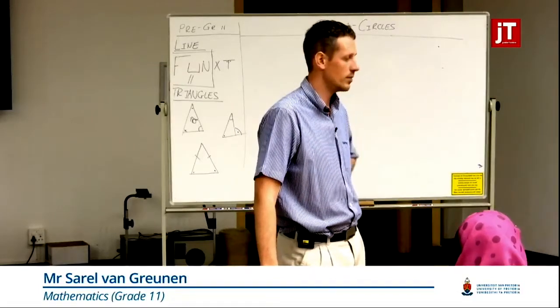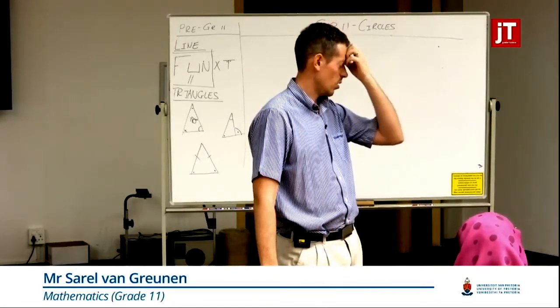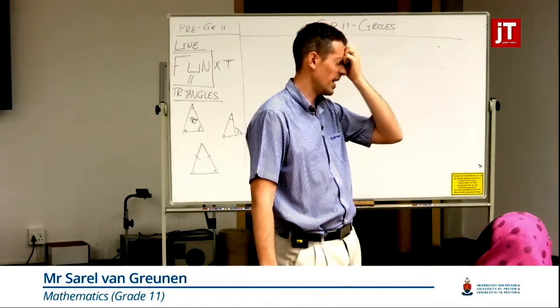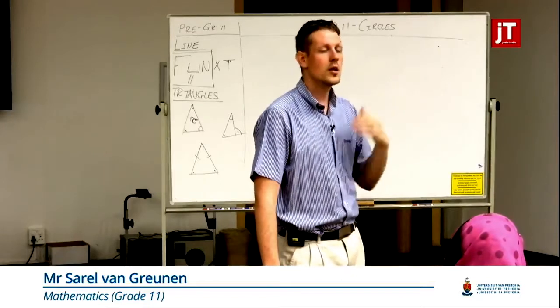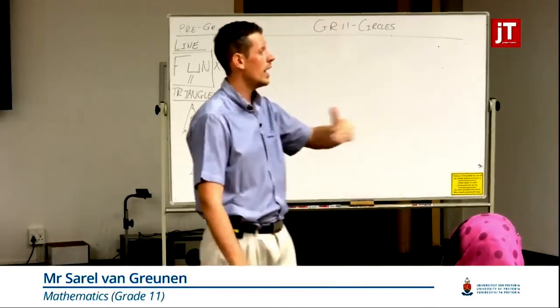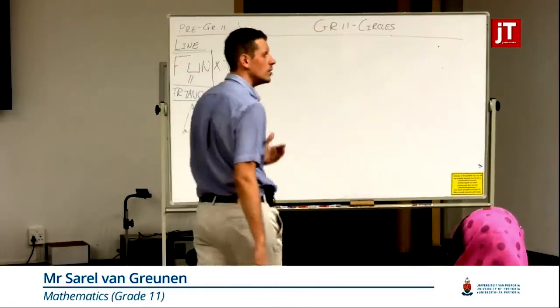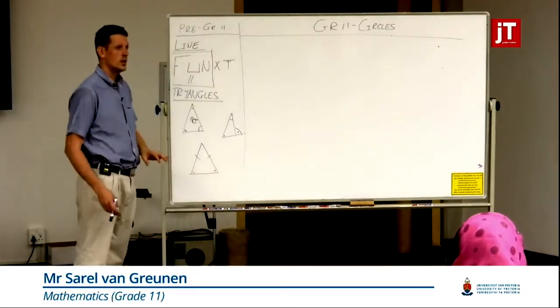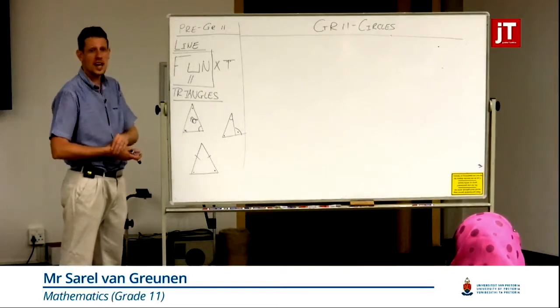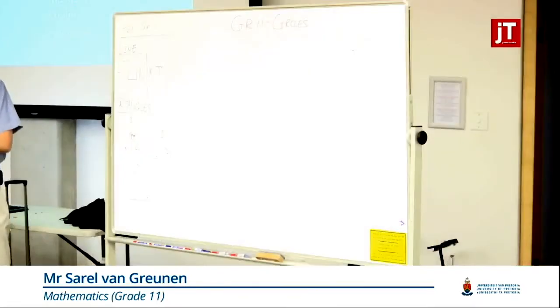And then in the exam you've got to go, oh, what do I know about a kite again? So please go and make sure that you know your quadrilateral theorems as well. If you don't have it, please just go online, get it, or get an old grade 10 textbook and just photocopy those pages and make summaries for yourself.